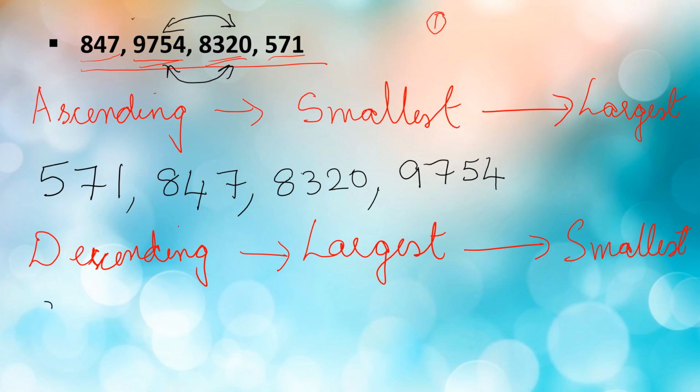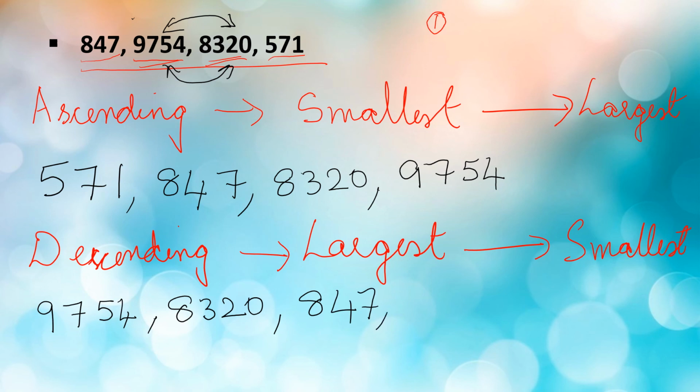Your first number will be the largest among the group, which is 9754, then 8320, then 847, then the smallest number among the group, 571. Okay, so this is how you write the given numbers in ascending and descending order.